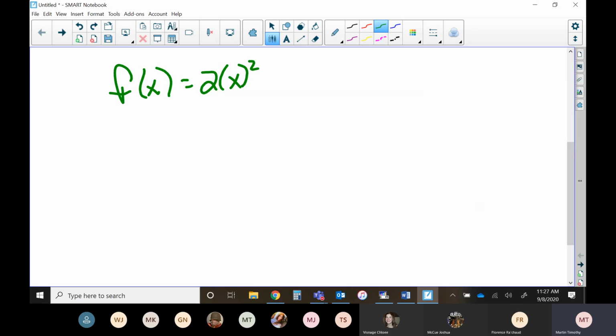You see how it's like outside the parentheses? Remember what I said, everything outside the parentheses has to do with being vertical, right? If this was a +2 back here, this would be a vertical shift. Everything outside is vertical. So this is a vertical stretch. And that's going to make the graph skinnier.